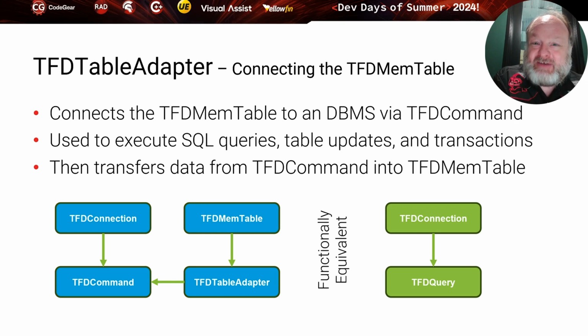Also, there's the FDTableAdapter. Now, the FDTableAdapter, you connect it to your, you saw the diagram there with the blue. The FDMemTable connects to a table adapter. The table adapter connects to one or more FDCommands, which have connections. And that allows you to execute commands and then take the results of those commands and put them in the memtable.